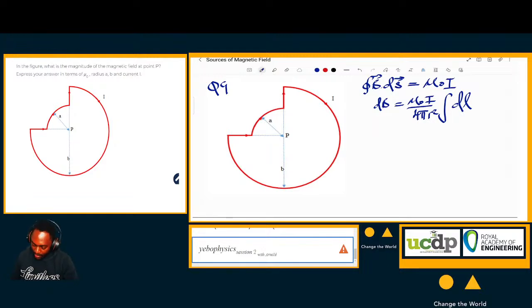So remember, probably from the derivation in class, that straight lines do not contribute to the magnetic field, right?